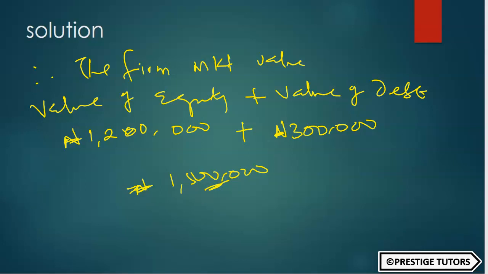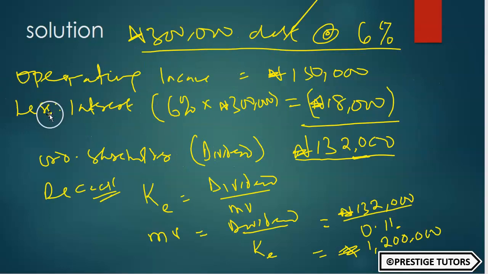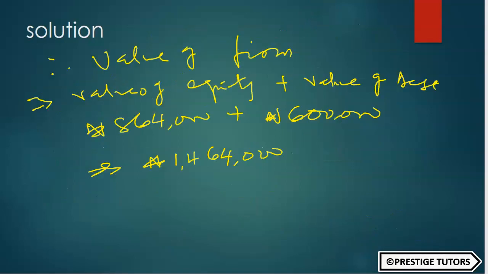Now, the value of firm at 600,000 debt at 7% takes the value to 1.4 million naira.